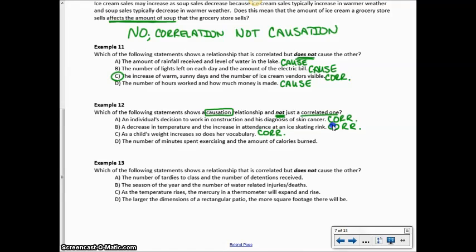Yes, definitely. It doesn't matter what kind of exercise you're doing, the more you're doing it, even if it's just walking around the room, you're definitely going to burn more calories. It doesn't say that you're going to lose weight. It just says that you are burning more calories. So yes, this is a causation. So that's definitely our answer on that one because we were looking for a causation.